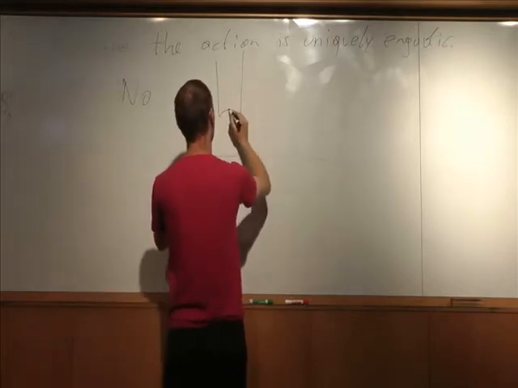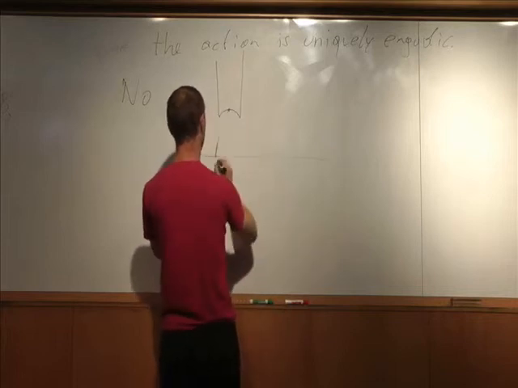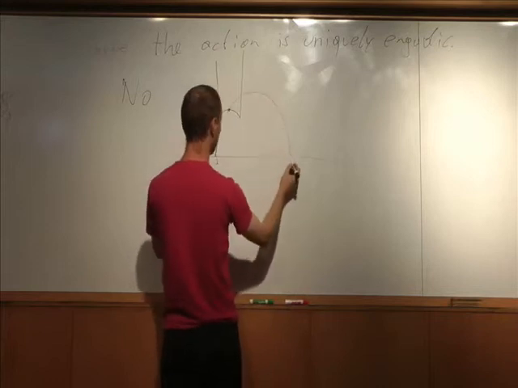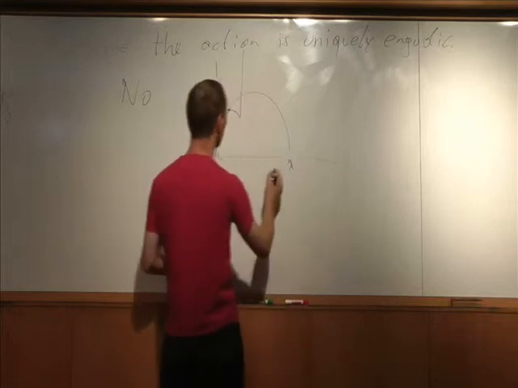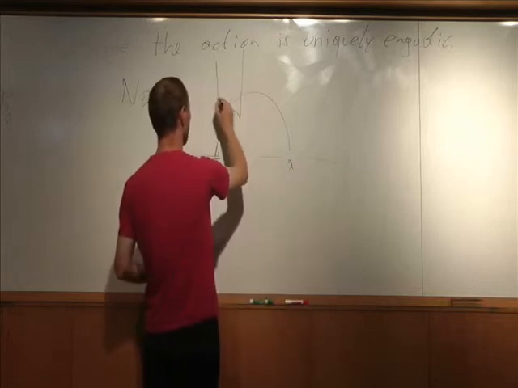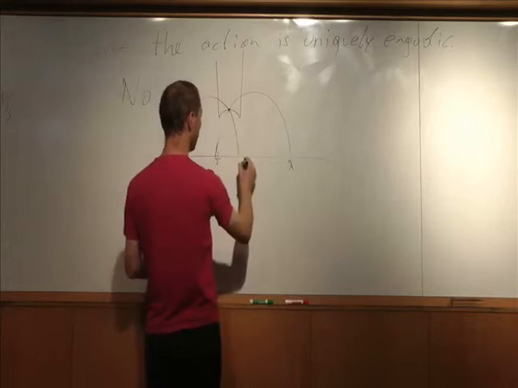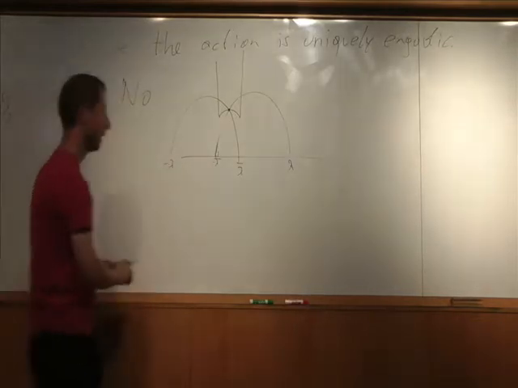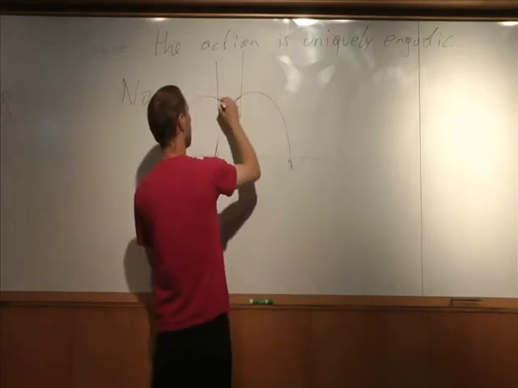Here's i, and then you take down here minus the golden mean, and over here minus 1 over the golden mean, and here you take the golden mean, and then you take another geodesic like this, where you have here 1 over the golden mean, and here you have minus the golden mean. And then you look at this geodesic here.